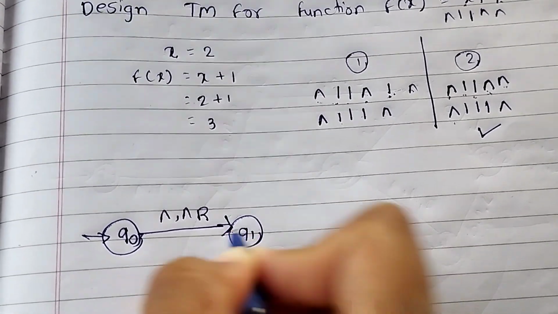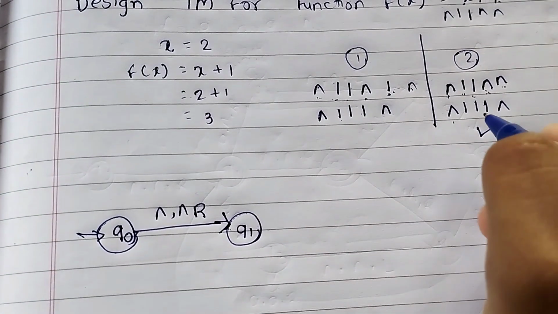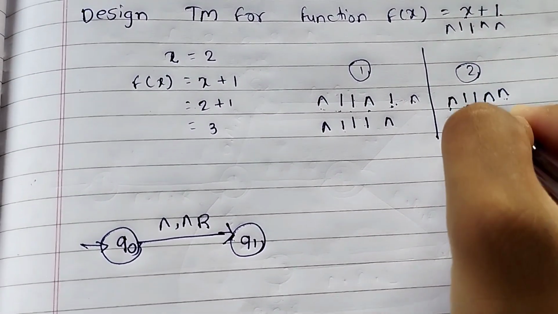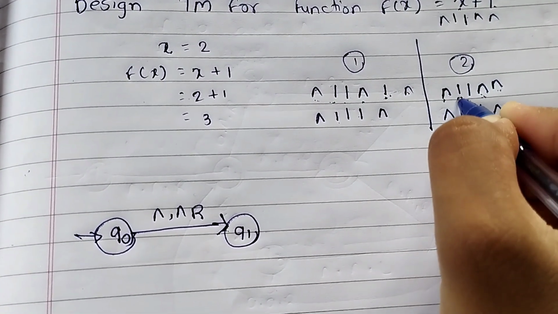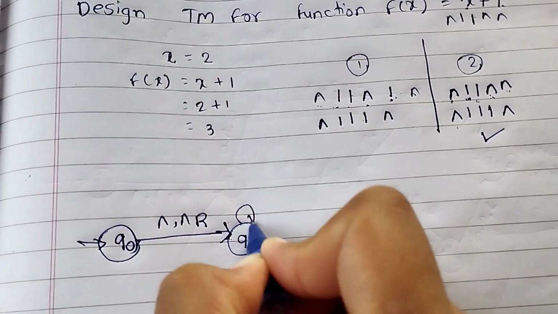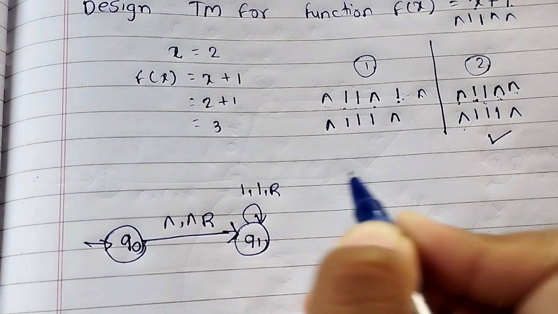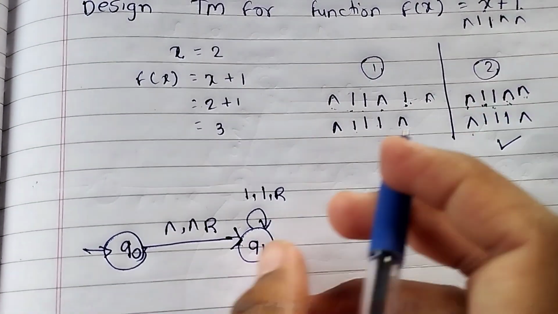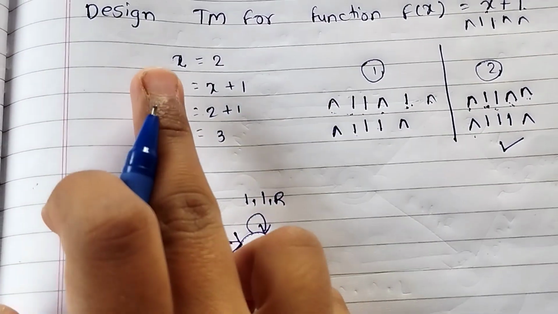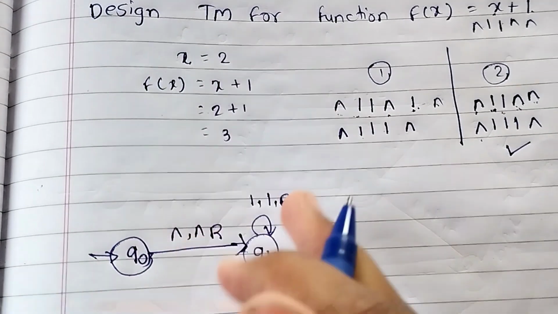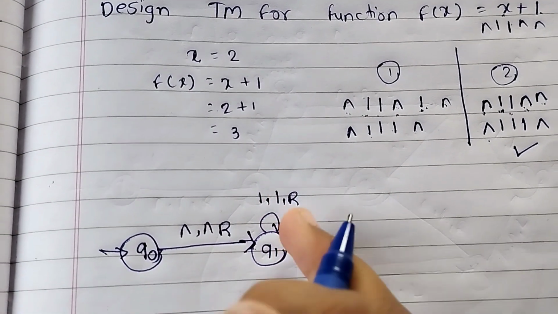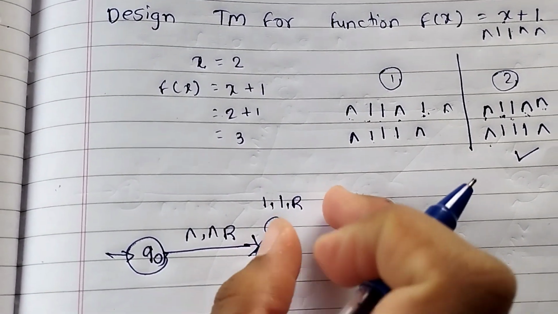Then you read 1 here, this is the question. When you read the 1, here we form the cycle. If you read 1, keep 1 as it is and move to the right. So if we consider this x as 100, then this loop is formed 100 times, and we keep these 100 ones as they are.